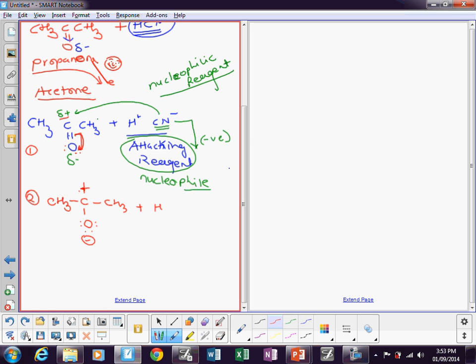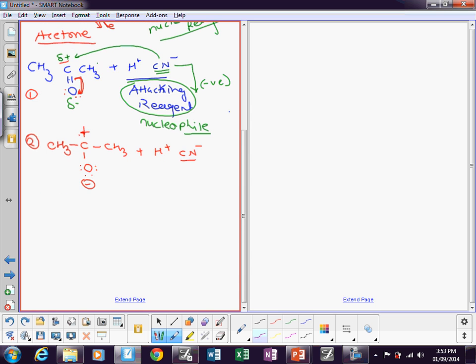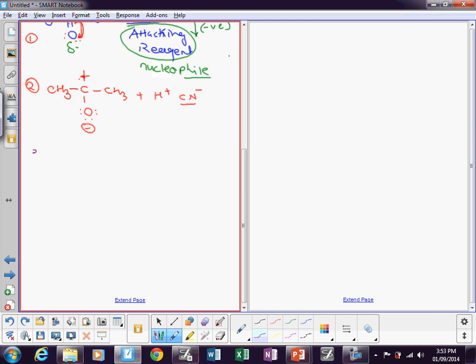And still H plus CN minus is here. It has taken place because of cyanide, and further, in the third step, now CN minus will attack this positive charge.